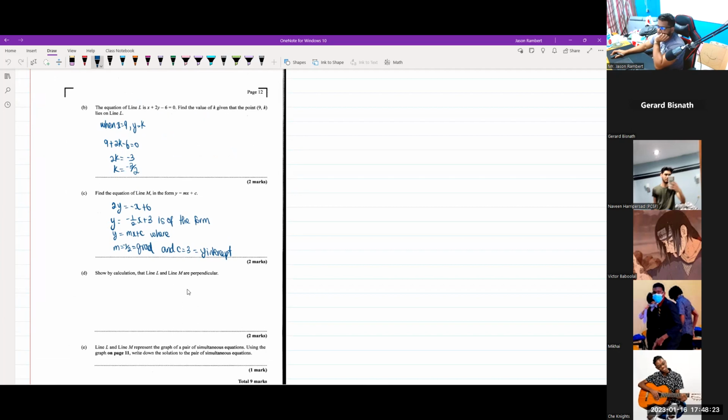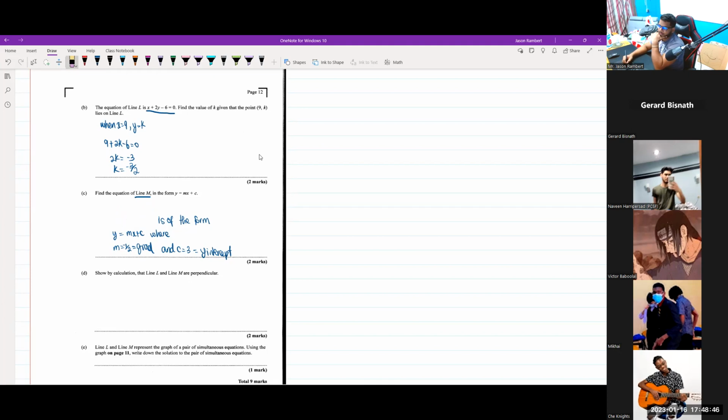Find the equation of the line M in the form y is mx plus c. This is the equation of the line L. Did you all make that mistake as well? No, sir.